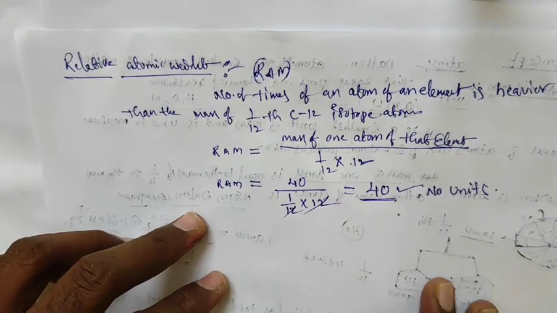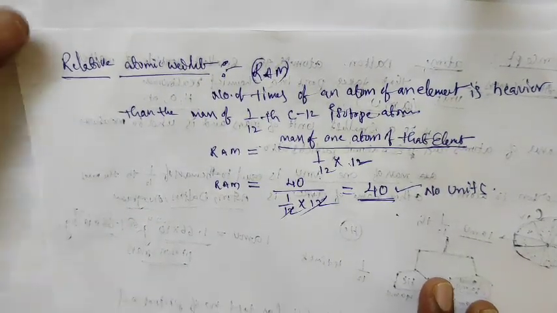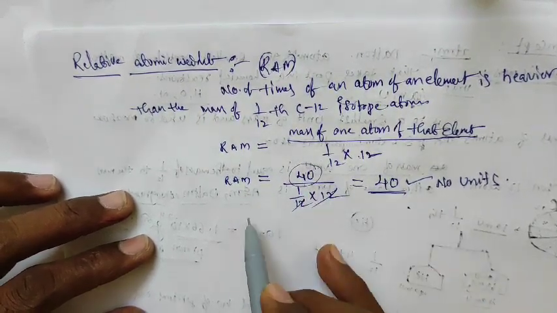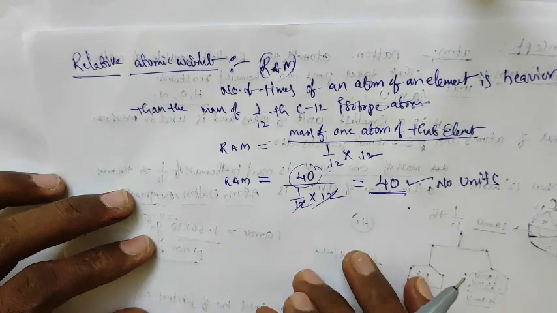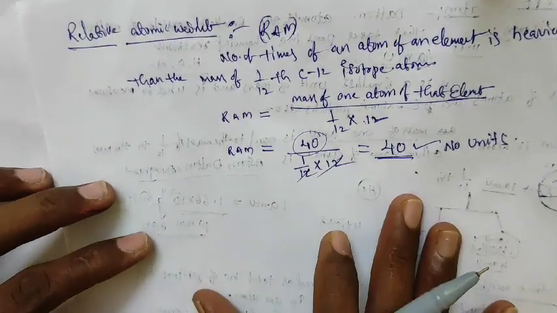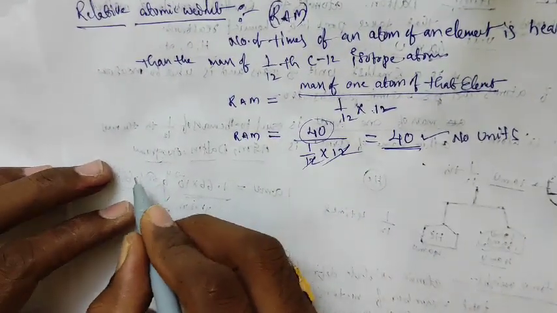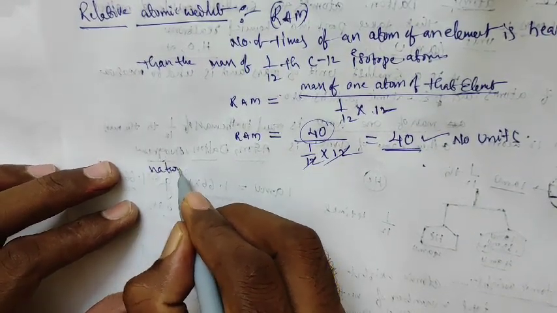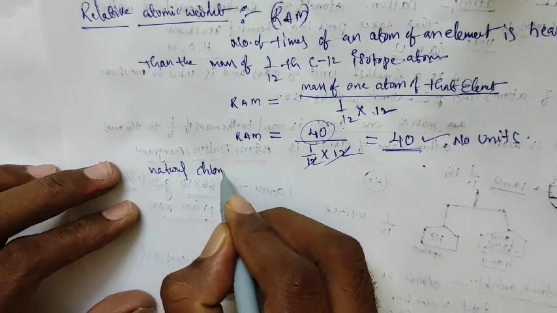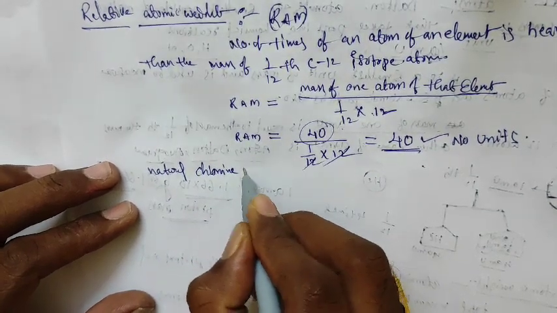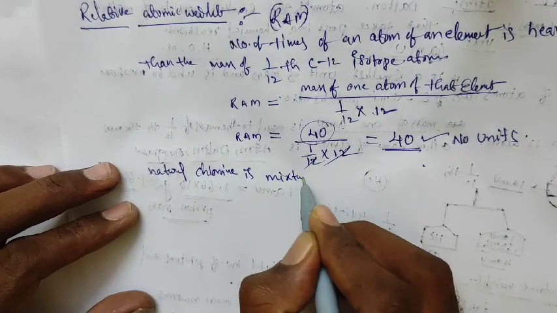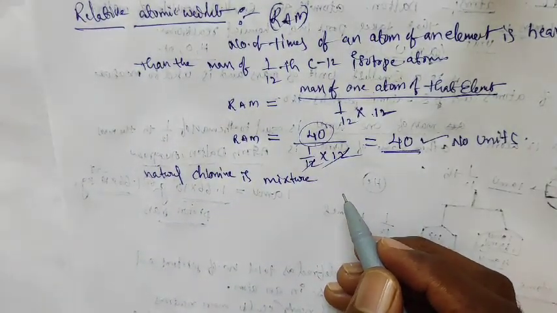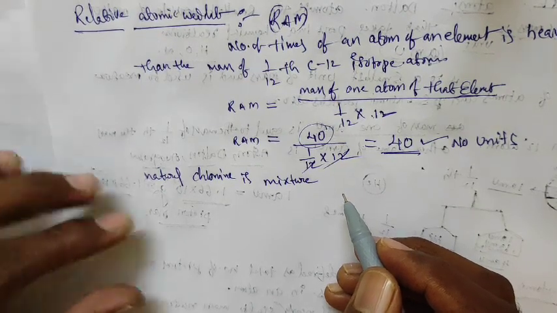Next, atomic weight: how was it calculated, how do we know this is 40? This is just a comparison, but how they calculated it, I will say with one example. Calculation for chlorine. Natural chlorine is a mixture of isotopes. Every element has isotopes, so we have some fractional atomic masses also.